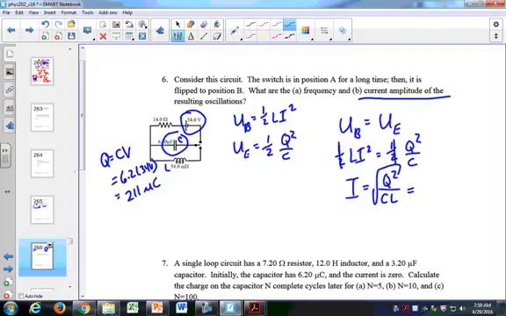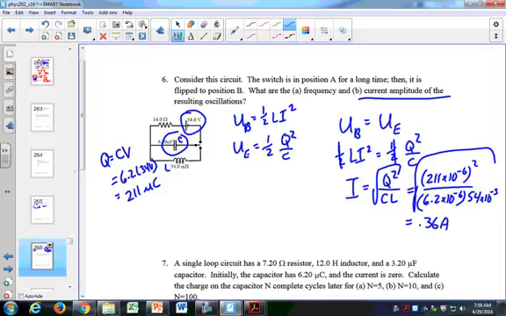And so I put that in over here. I would have 211 times 10 to the minus 6 squared over C, which is 6.2 times 10 to the minus 6, my capacitance, times L, which is 54 times 10 to the minus 3. I take the square root of all of that, and I get my current, which is going to be 0.36 amps. That's my maximum current.